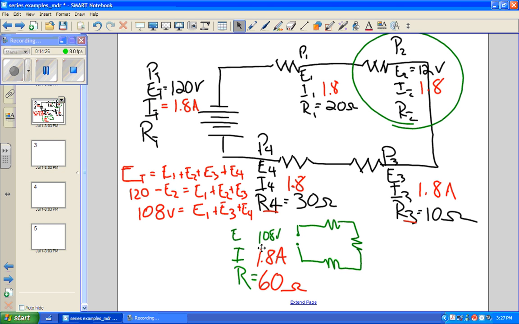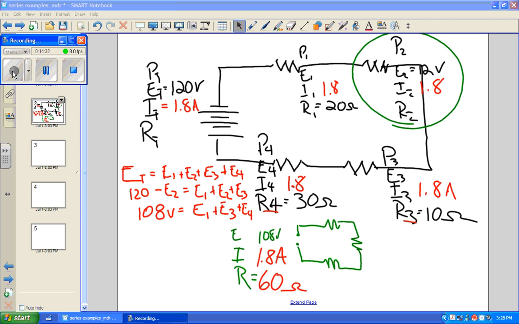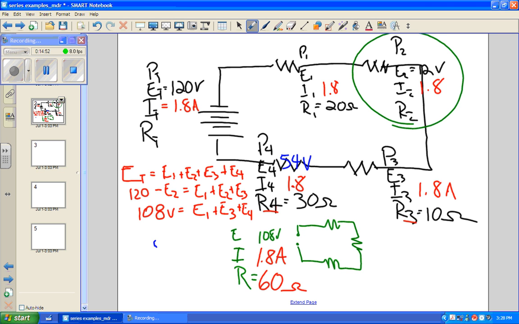Okay, well, let's multiply up and get our voltages. 1.8 times 30 is 54 volts.